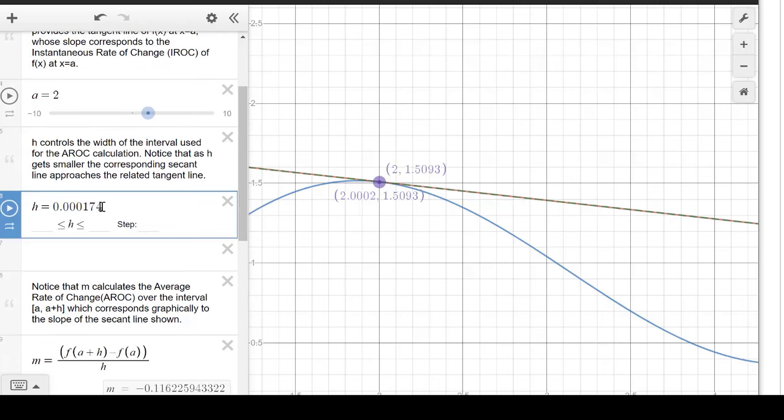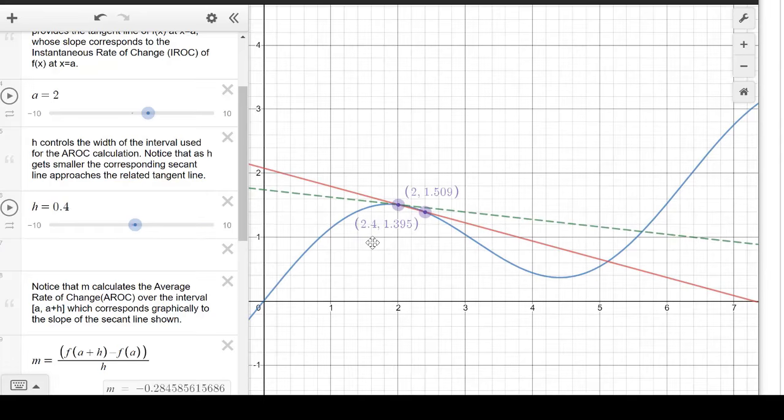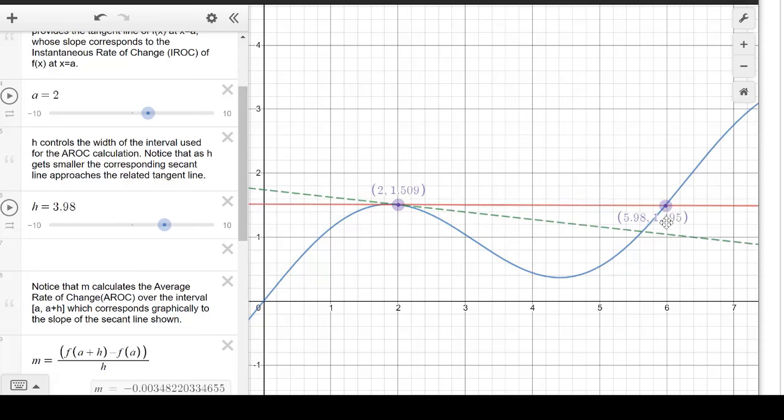You can play around with this yourself and try to convince yourself of why this makes sense. Again, just to illustrate what we did, we were thinking hopefully about the definition of the derivative, which is the limit of the average rate of change as our width goes to 0. The slope of the corresponding secant line, this red line, is the average rate of change.